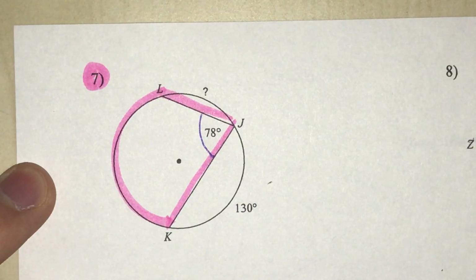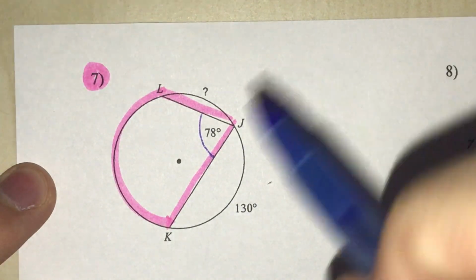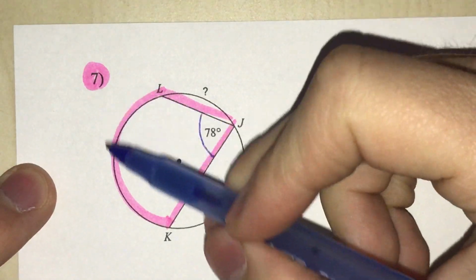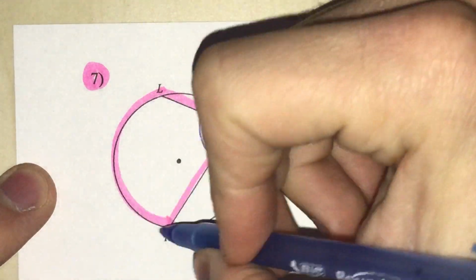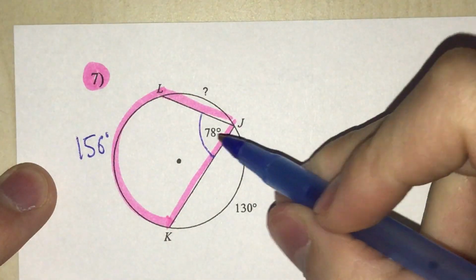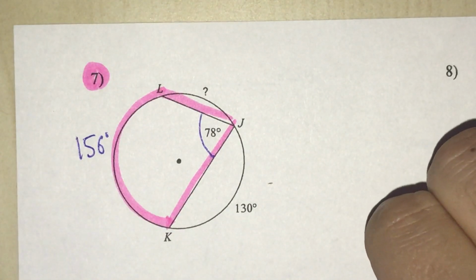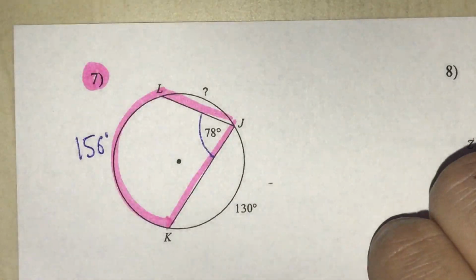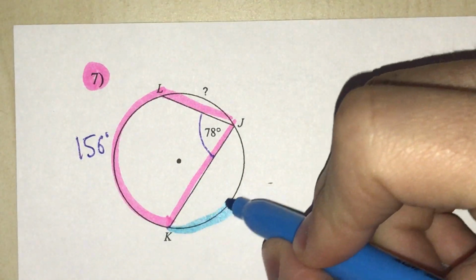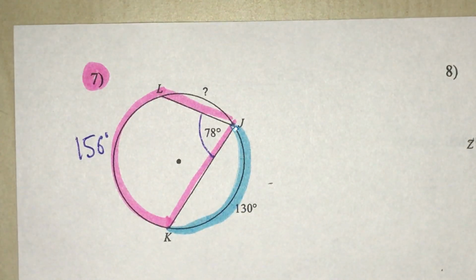So if I know that this inscribed angle is half of whatever this is, that means that this arc is 156 degrees. Because again, 78 times 2 would make this. All right? And by similar idea, I already gave you that this is 130.